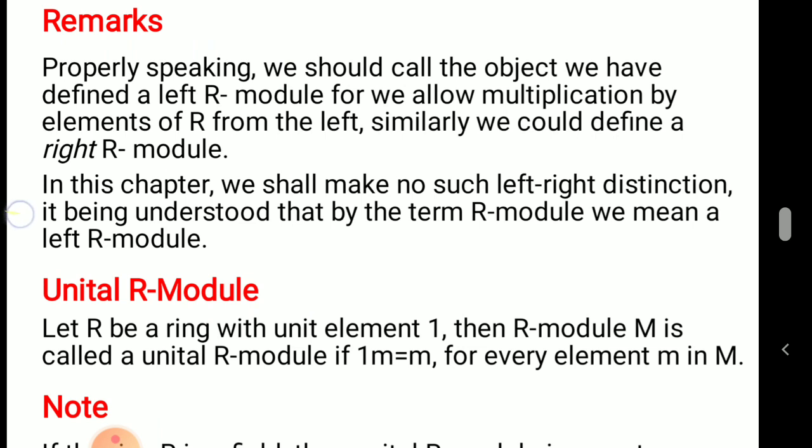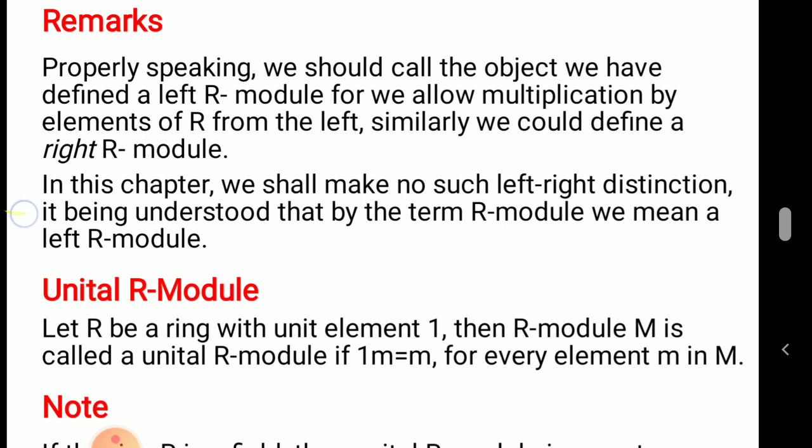We should call the object we have defined a left R module, for we allow multiplication by elements of R from the left side.